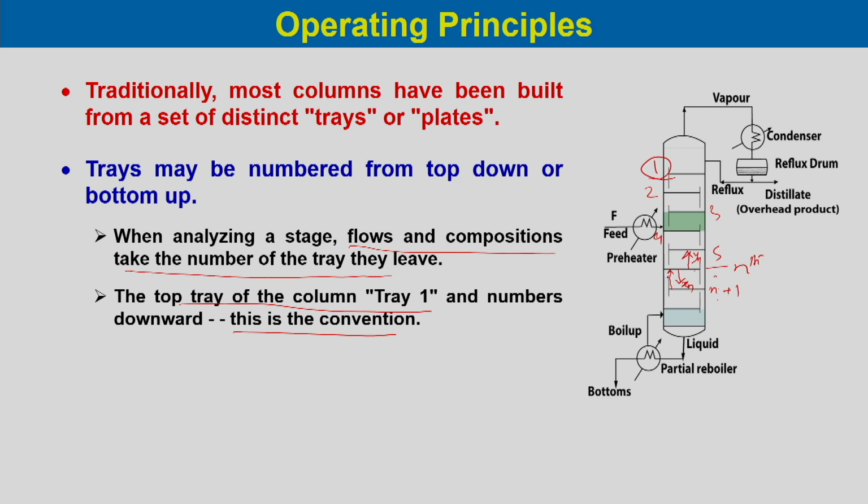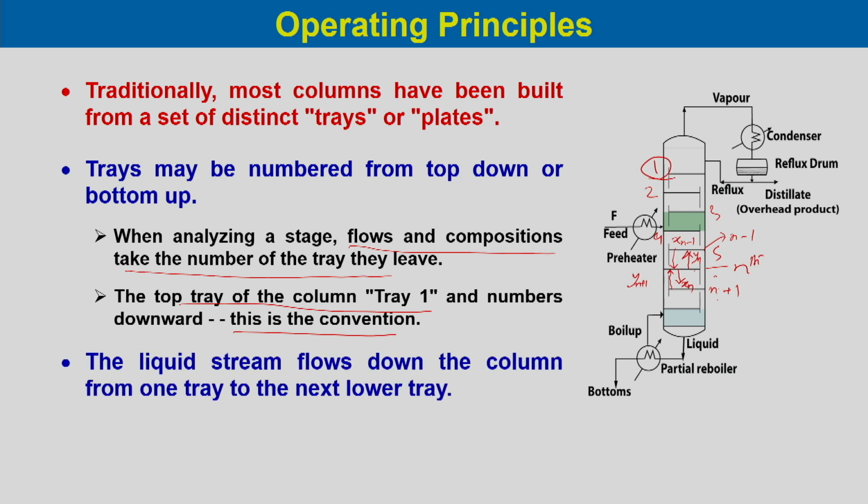So, the vapor into this tray would be y n plus 1, and the liquid will come from the top of this tray, that is the n minus 1. So, the liquid entering this nth tray would have composition x n minus 1. This way the flows and compositions are numbered for a particular tray.